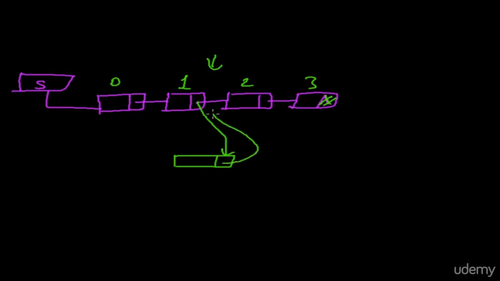So this will start pointing to the second node. Next, the link part of the first node needs to point to this temp node, so we will copy the address of the temp node here. So what will be the case now? This will start pointing to this, and this will start pointing to this. So we will be able to insert a new node in the specified location.